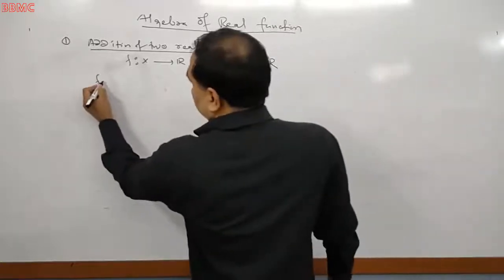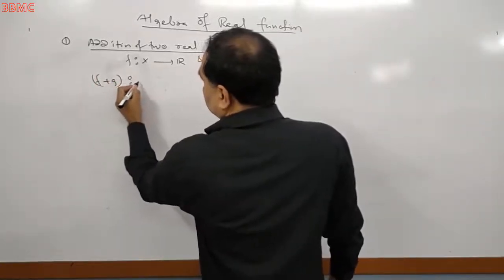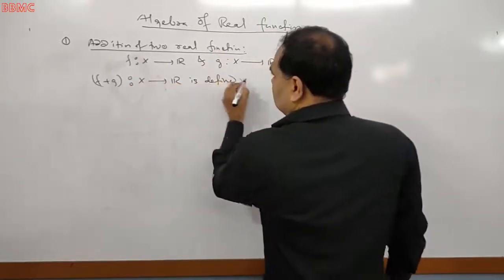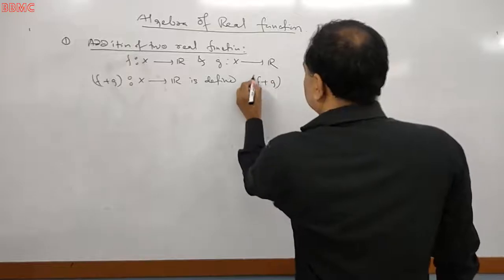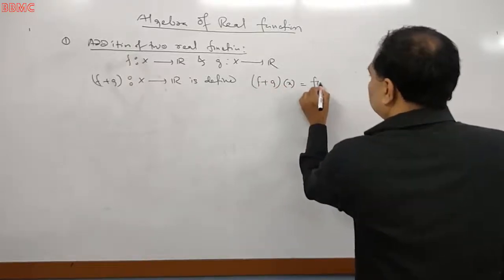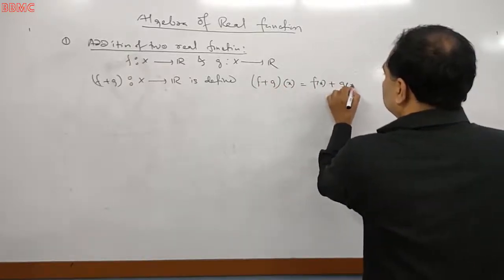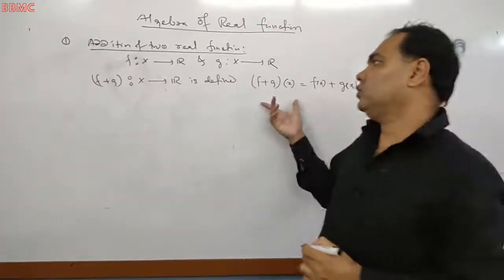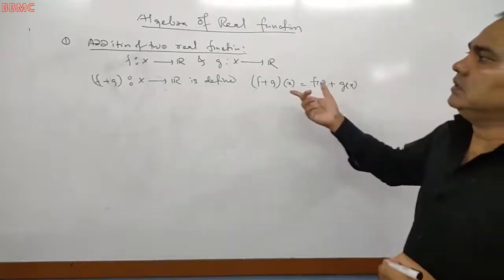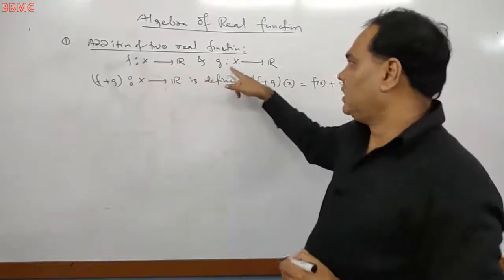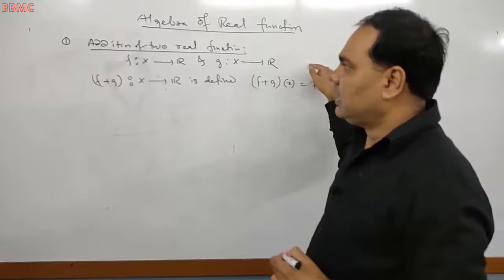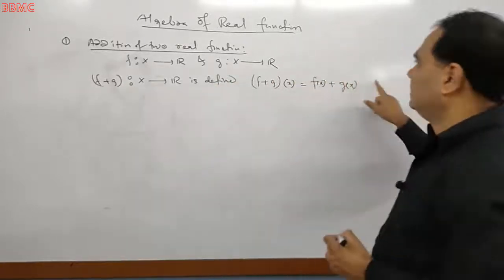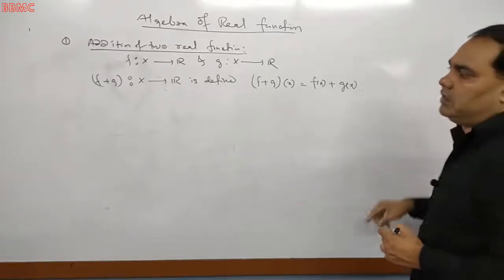Then f plus g, a function from X to R, is defined as (f plus g)(x) is equal to f(x) plus g(x). You must remember this one. Whenever we solve problems, we will use this. This is addition of two real functions.